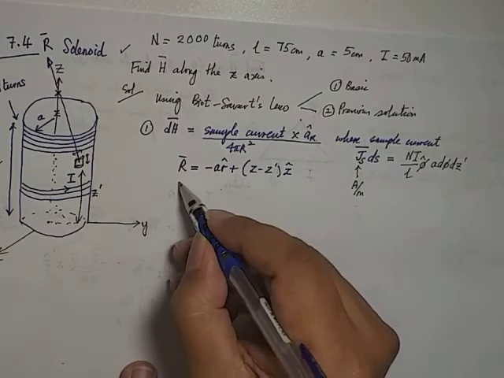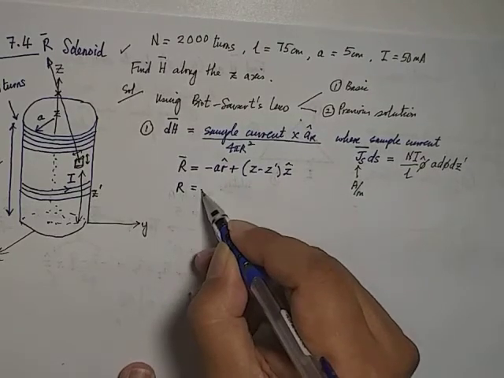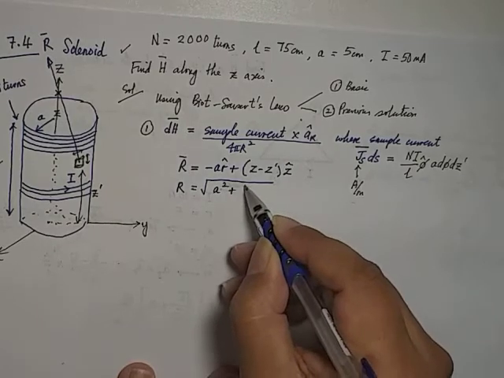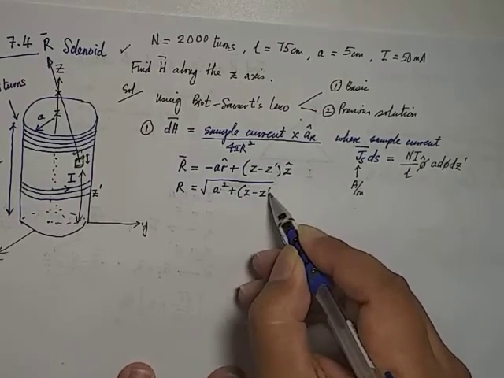So now the magnitude R should be equal to the square root of A squared plus (Z minus Z prime) squared.